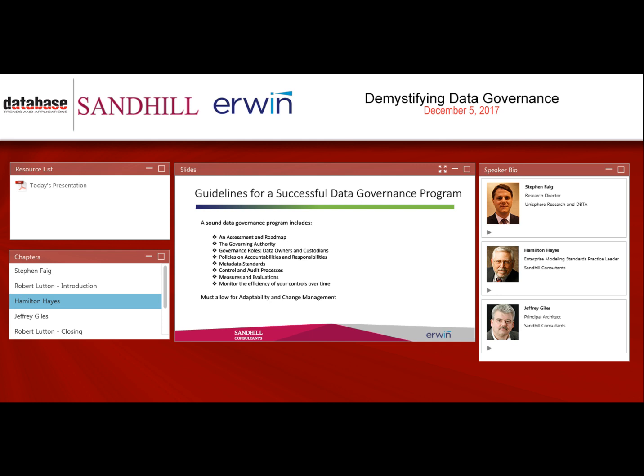What's it supposed to look like? The processes: what are our control processes? How do we conduct audits? How do we make sure that we are performing the governance functions that we want to perform? How do we measure our business? How do we measure our data governance and data management? And most especially, how do we monitor the efficiency with which we are progressing towards our goal?